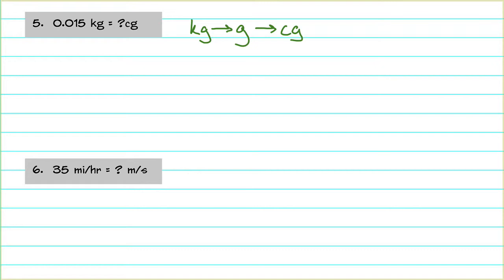And for the first relationship, if I'm not mistaken, for every 1 kilogram you're going to get 1,000 grams. And for every 1 gram, you're going to get 100 centigrams.